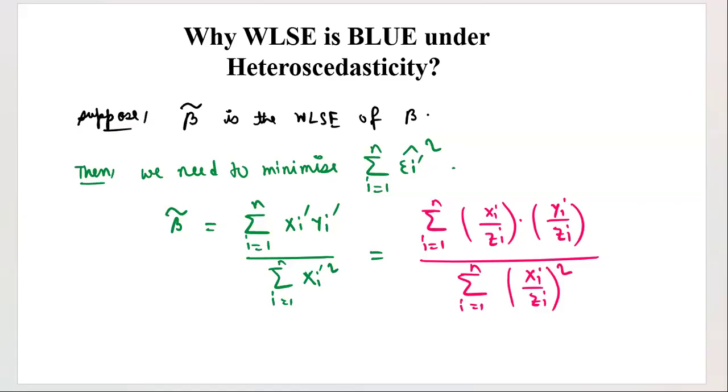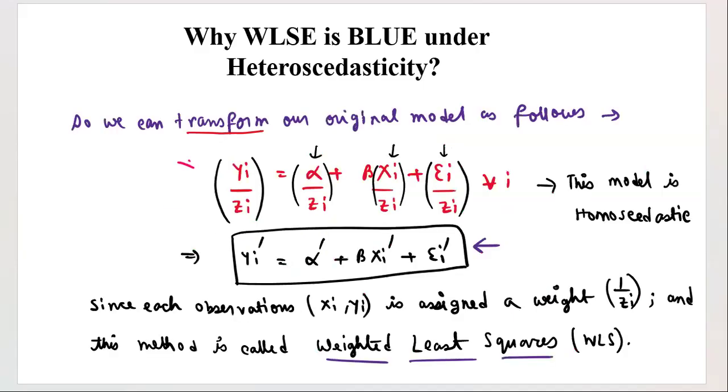Now you can again substitute this yi upon zi value here. See, from our transformed model, yi upon zi is alpha upon zi plus beta xi upon zi plus epsilon i upon zi, but we are not taking this intercept term in our model right now. You can include this, the results will be absolutely the same. So only this portion we will include.